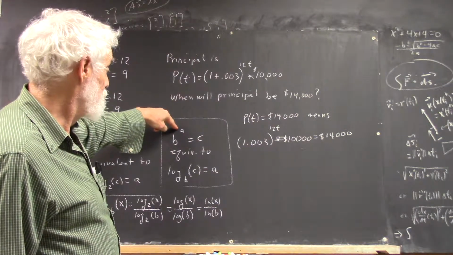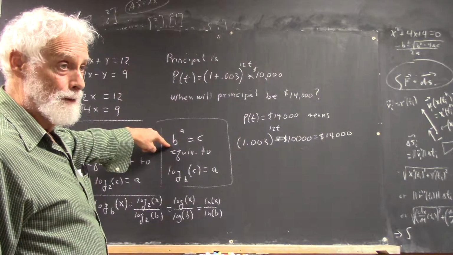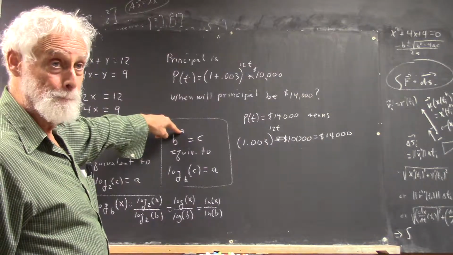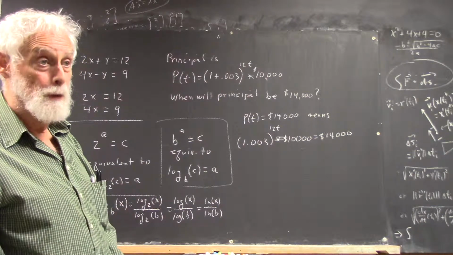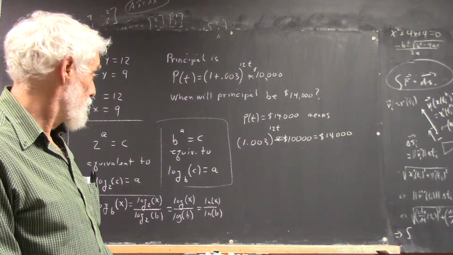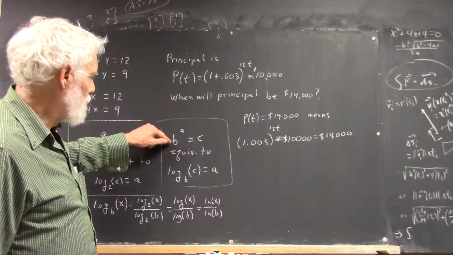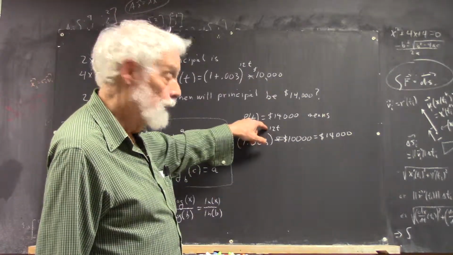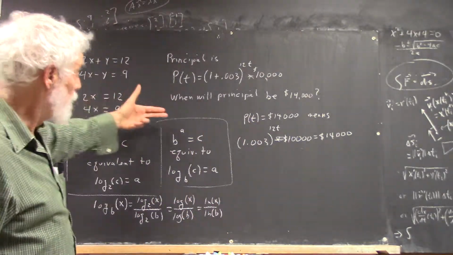Now, can you identify b? b is whatever's raised to the exponent, right? So what's being raised to the exponent here? 1.003. Okay? So you have to isolate something of the form b to the a, which means you want to isolate 1.003 to the 12t on one side so you can then apply this equivalence.